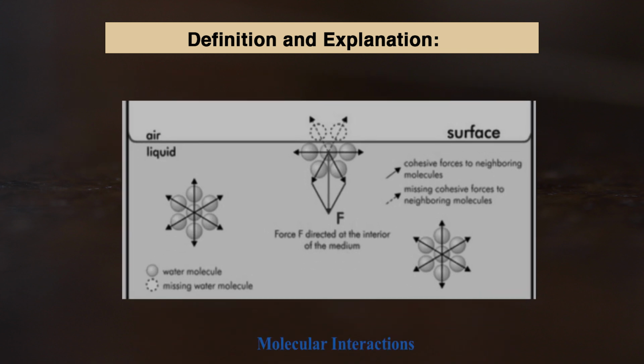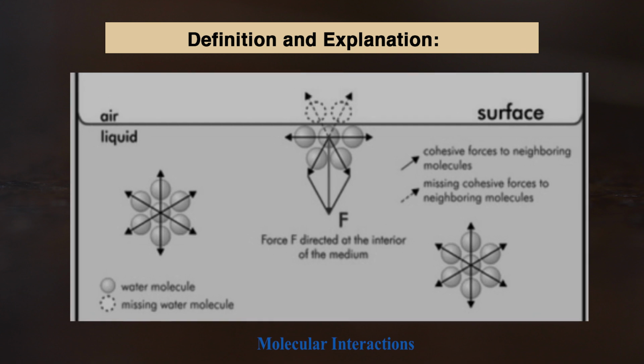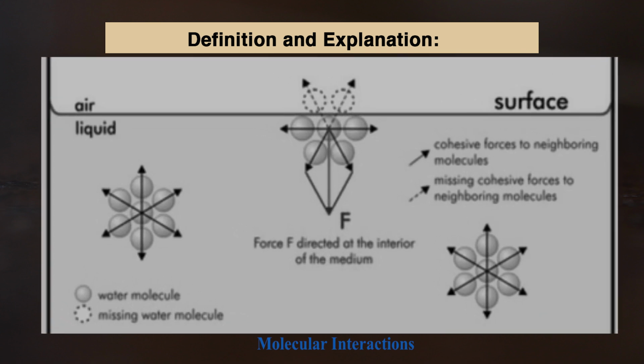On the basis of molecular interactions, we can understand that molecules within a liquid are attracted to each other by cohesive forces, and molecules at the surface experience an imbalance of these forces as they are not surrounded by similar molecules on all sides. This imbalance causes the surface molecules to be pulled inward, creating a tension that minimizes the surface area. This can be observed in the figure given here.